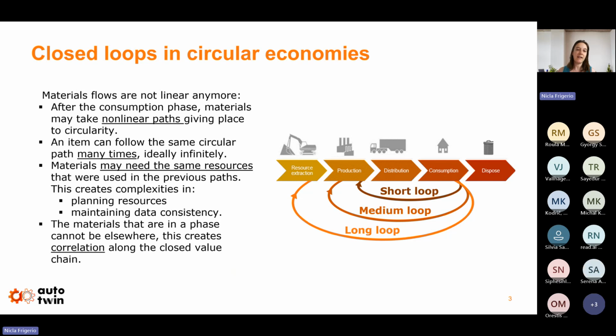So the fact that parts go through those non-linear paths also implies that a product can be in a loop many times. And whenever they pass through the same resources, they may need the very same resource for traceability purposes. And so there is a correlation between products in those loops that we cannot disregard.